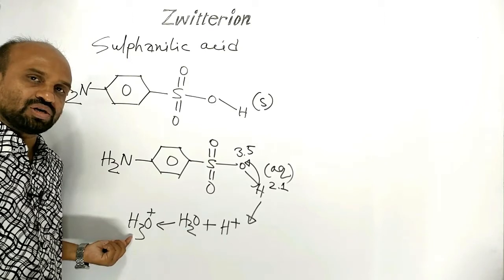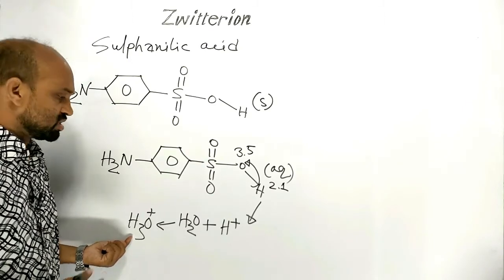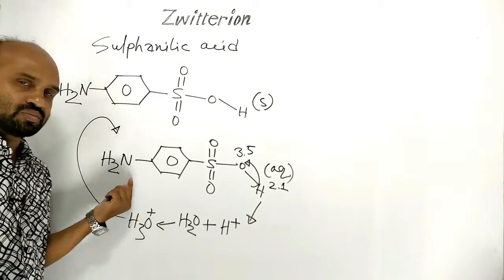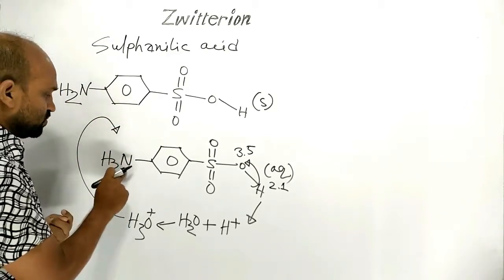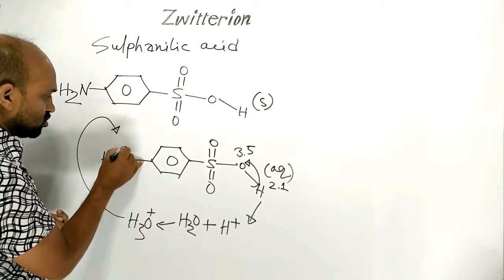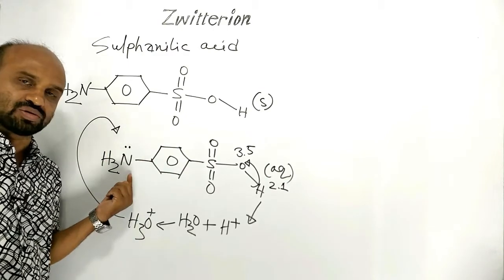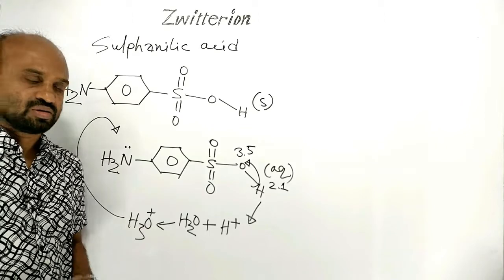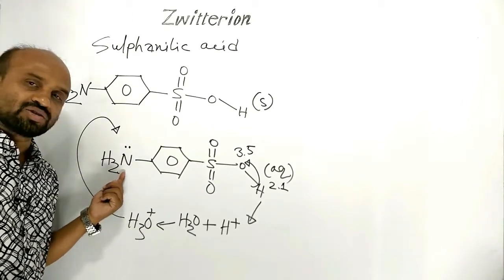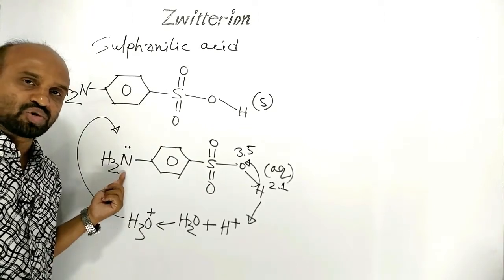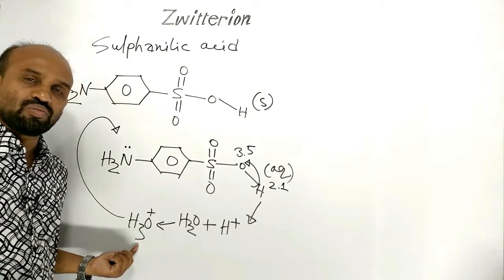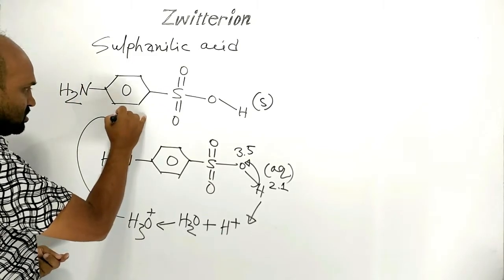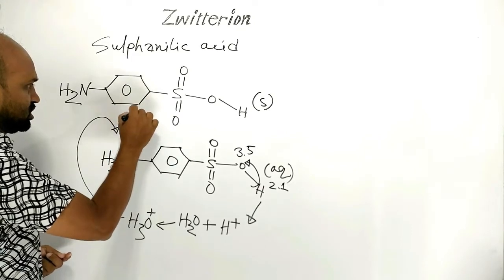This hydronium ion migrates to the amino group. In the amino group, nitrogen contains one pair of electrons. With this one pair of electrons, this nitrogen accepts a proton from the hydronium ion.